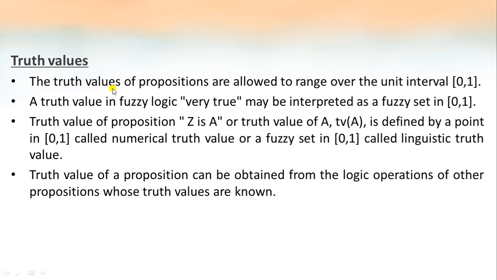Next is truth values. We are going to say that the truth values of propositions are allowed to range in the unit interval 0, 1. Similarly, the truth value in fuzzy logic, such as very true, can be interpreted as a fuzzy set in the closed interval 0, 1. The truth value of proposition Z is A, or the truth value of A is defined by a point in 0, 1 called the numeric truth value, or a fuzzy set in 0, 1.